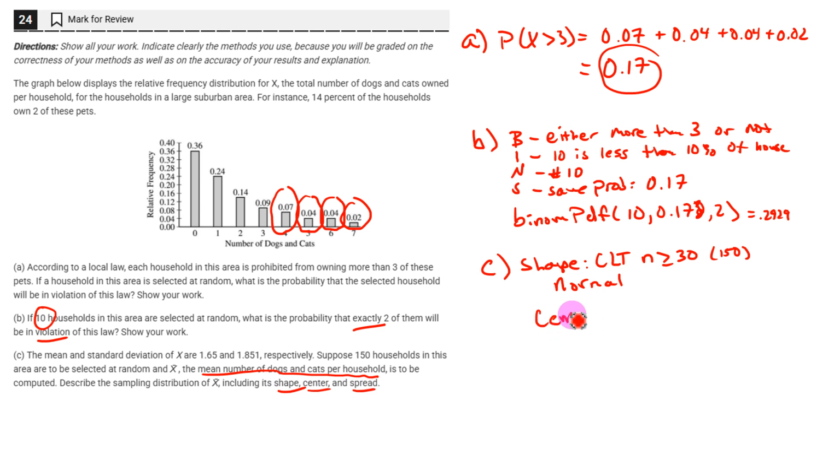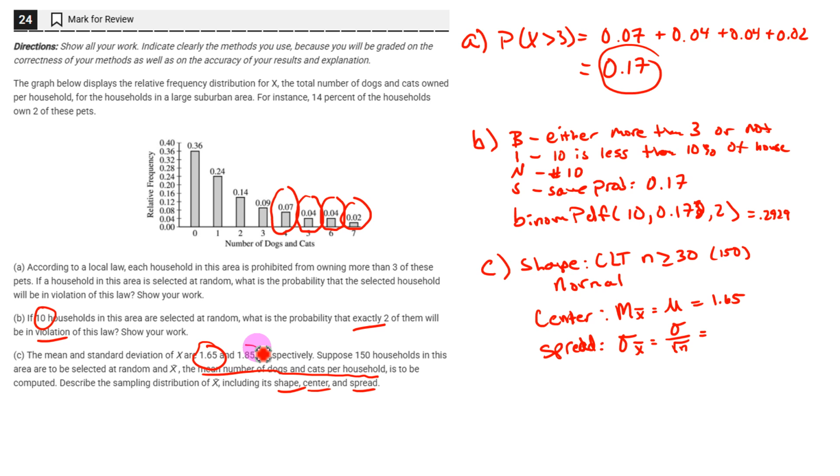The center, so mu of x bar would just be mu, which is 1.65. And the spread, variability, whatever you want to call it, standard deviation of x bar is going to be the original standard deviation divided by the square root of the sample size.